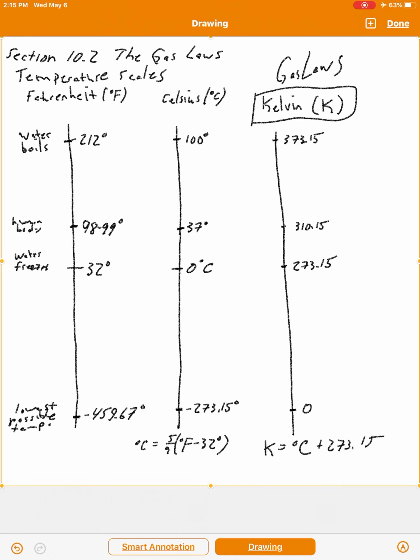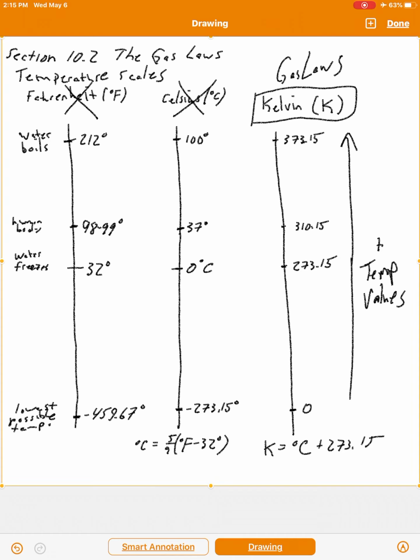We want to use a scale that has only positive values. And so for that reason, the Celsius scale and the Fahrenheit scale are not used in gas law problems.